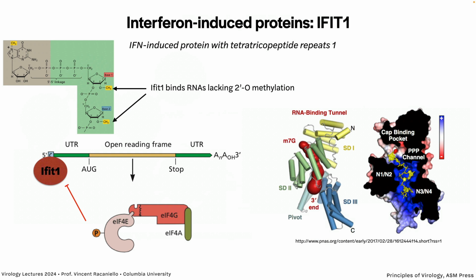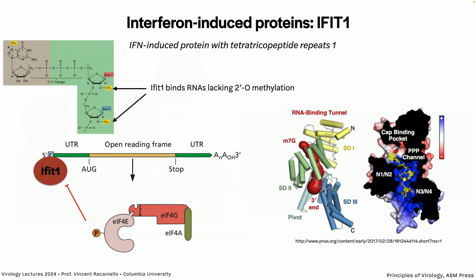So here's a cap at the 5' end of the RNA, and then the next two bases are 2' methylated, and IFIT recognizes that and binds to the 5' end. So here's a messenger RNA where IFIT is binding it, and then if IFIT binds, it can't be translated because the initiation complex, which depends on interacting with the cap, doesn't function.